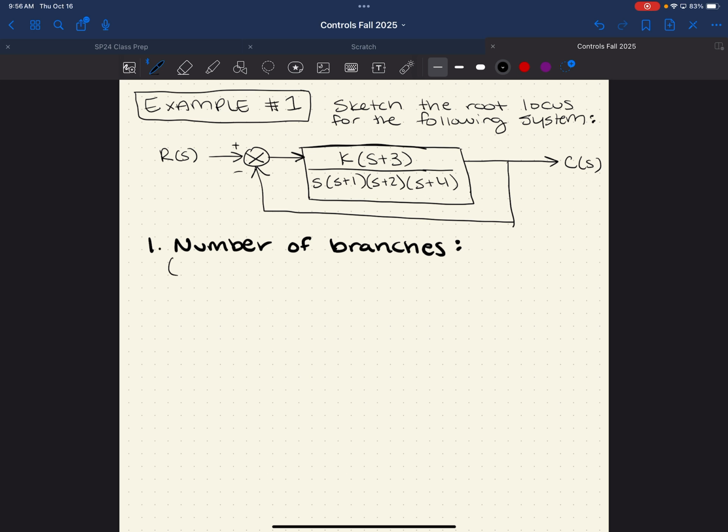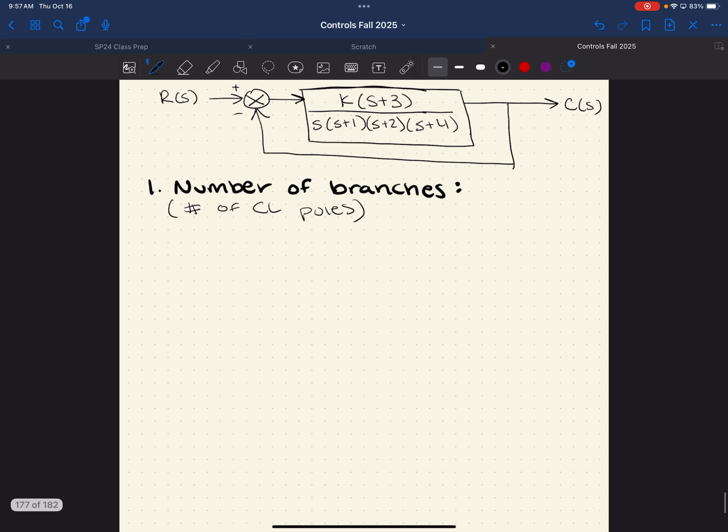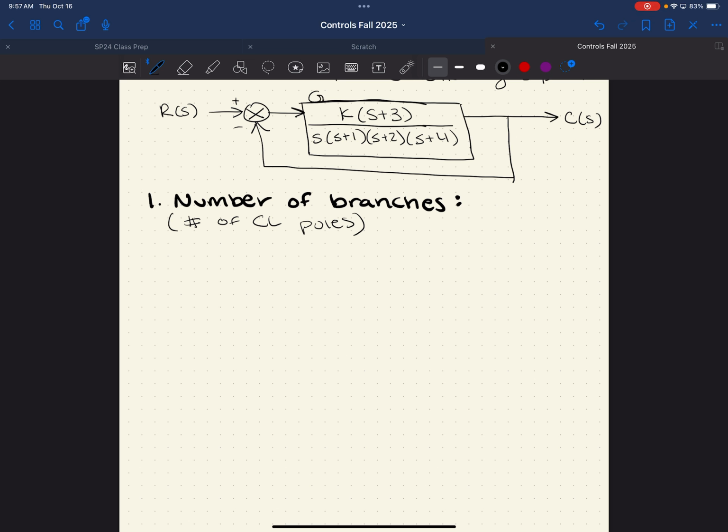Well, the number of branches is equal to the number of closed loop poles. So I'm going to show that our closed loop poles is the same number as our open loop poles. Obviously this is our open loop G. Closed loop G is all of this mess, (s plus 3)(s plus 1)(s plus 2)(s plus 4) over 1 plus all of that mess.